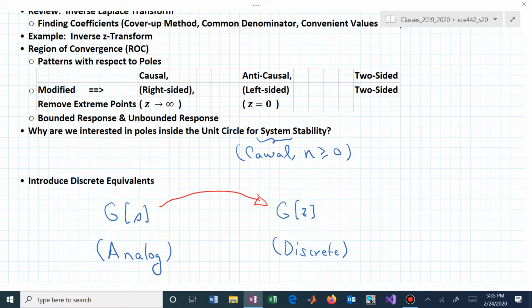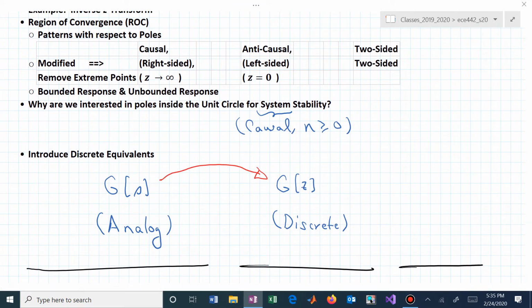And when it's right-sided, then it's actually bounded. But I should have said a bounded time response or an unbounded time response can be seen in any of those region of convergence cases, whether you have a causal case, an anti-causal, or its modified version, or a two-sided or an annular region of convergence. You can have a bounded time response or an unbounded time response for any of those.